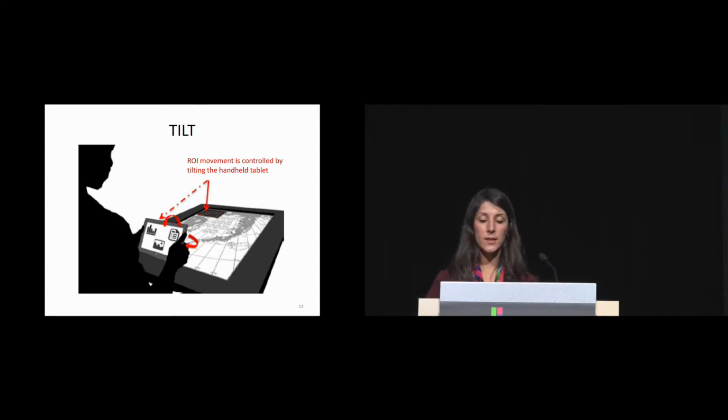In this case, the physical tilting of the tablet and the associated visual movement of the ROI on the tabletop provides awareness of the respective user to their peers. Such remote cross-device interaction can facilitate individual work. However, its impact on teamwork is unclear.